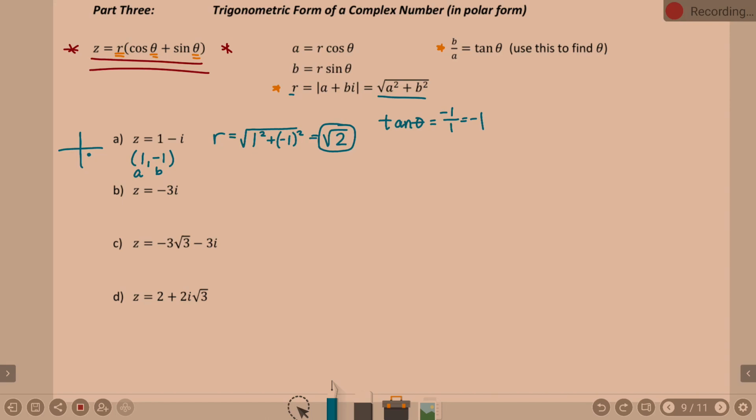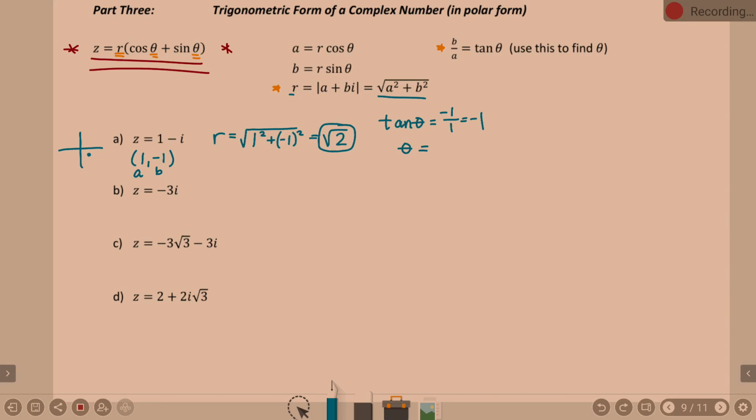Negative 1. So I want to know, where does tangent equal negative 1? Now, in order to do that, what do we generally try and do? We try and start with, okay, where does tangent equal positive 1? At pi over 4, yes? Is that the question we were asked, though, officially? No.